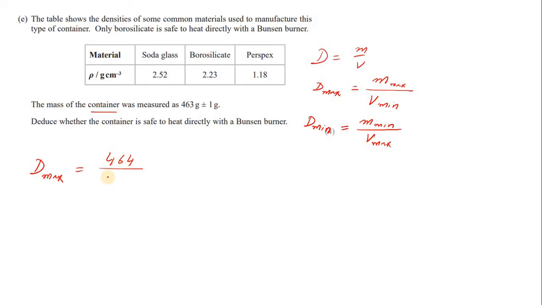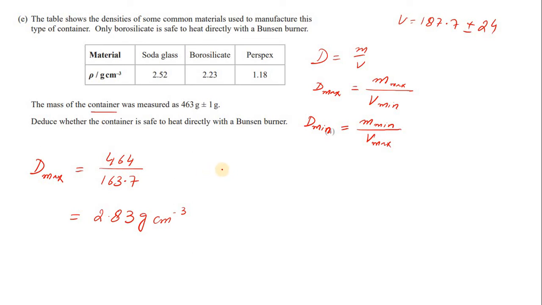So minimum volume, and I gave you the volume was 187.7 plus or minus 24. So minimum is 187.7 minus 24, which is 163.7. So the density would be equal to 2.83 gram centimeter cubed minus 3.